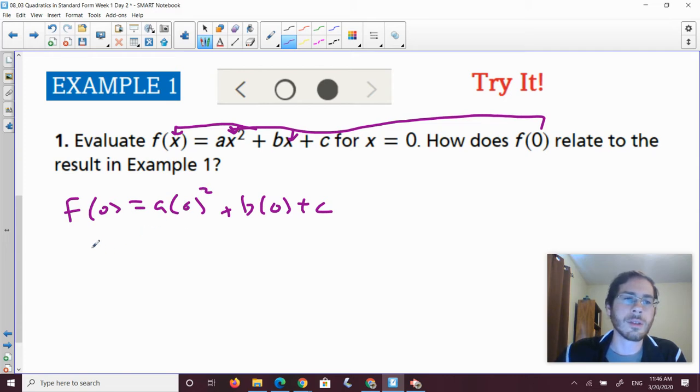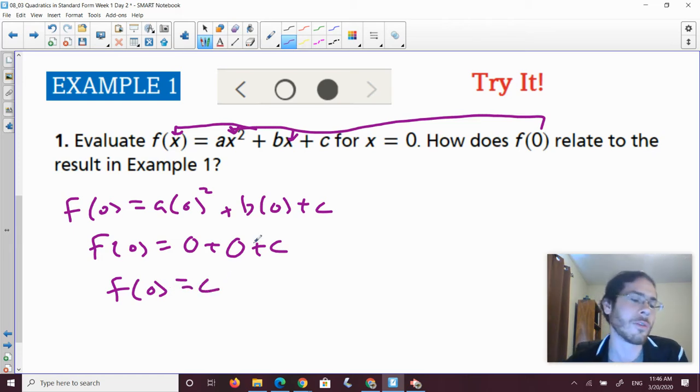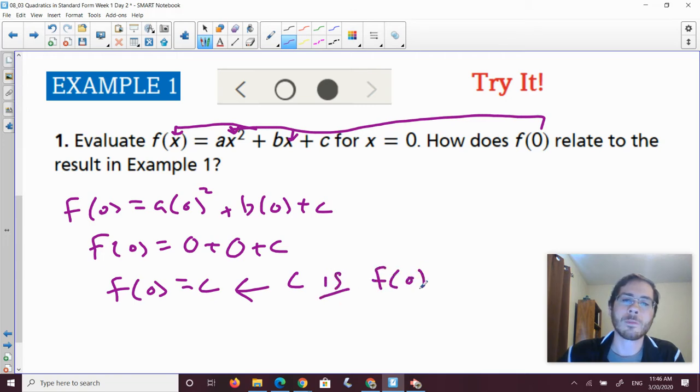Anything times 0 is still 0. So this is 0. b times 0 is 0. c is just c. 0 plus 0 plus c is c. So it does turn out with our function notation that c is the initial value. So c is f of 0. So c is what we start with.